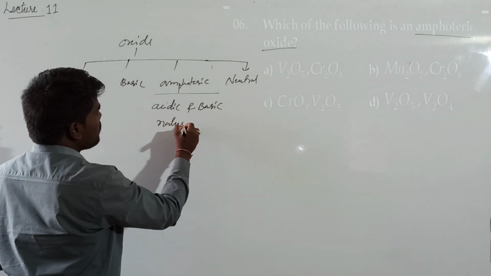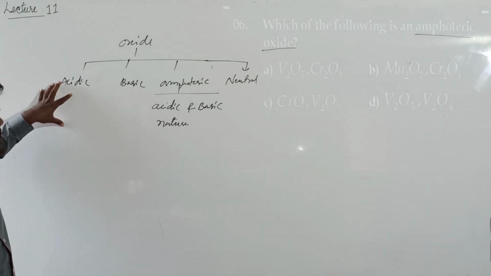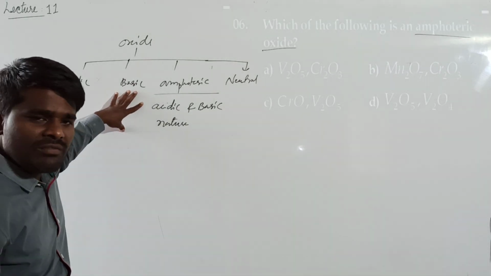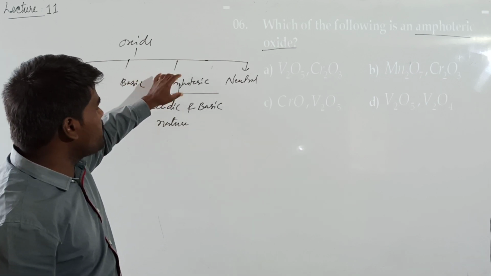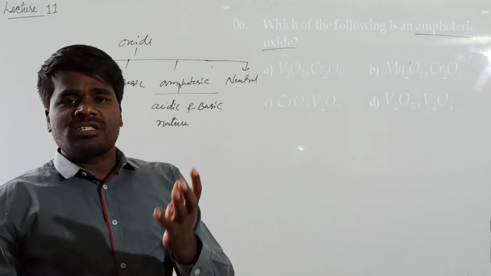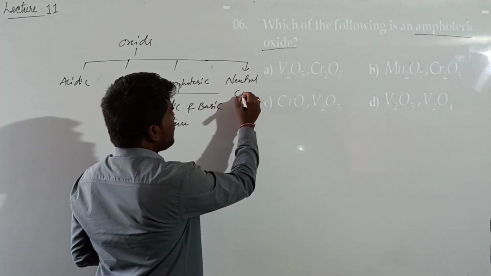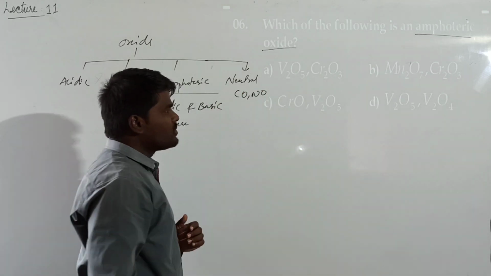Generally, oxides of non-metals will be acidic in nature, oxides of metals will be basic in nature, oxides of metalloids will be amphoteric in nature, and carbon monoxide and nitric oxide are neutral in nature.